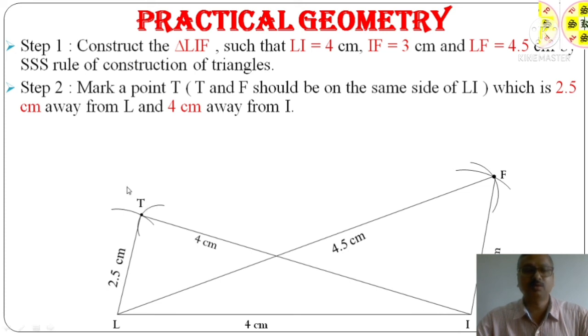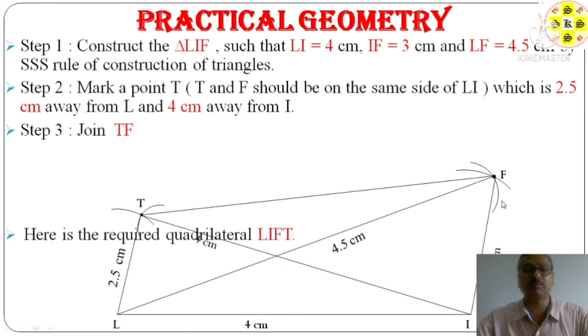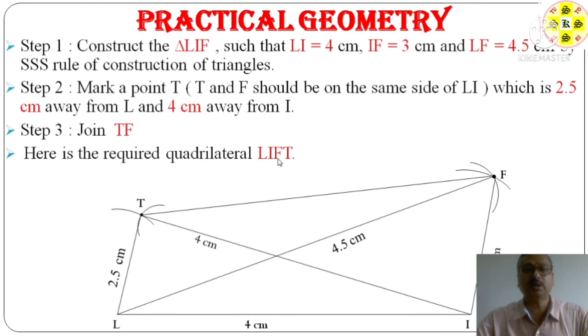So now see, after marking the point T, whatever measurements are given we have marked. Now to complete the quadrilateral LIFT, simply you have to join TF. If we join TF, the construction is complete. The name LIFT is complete.